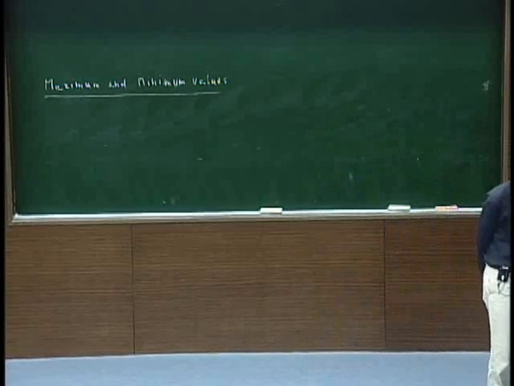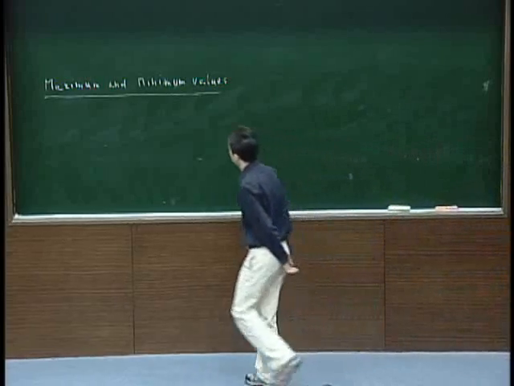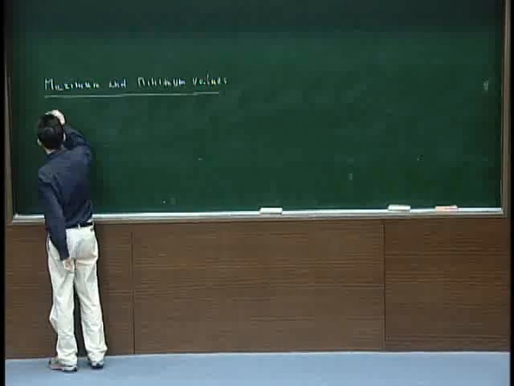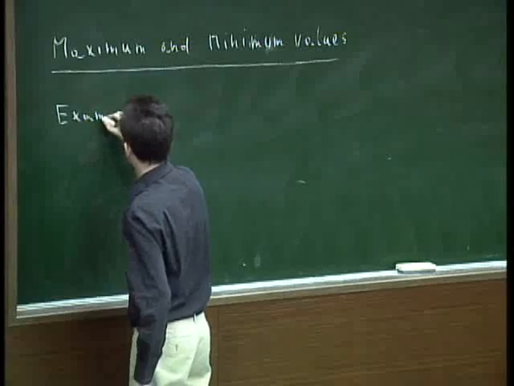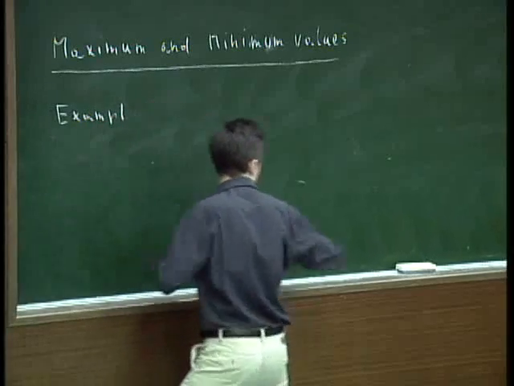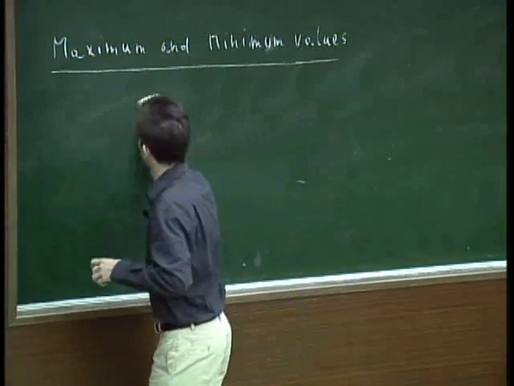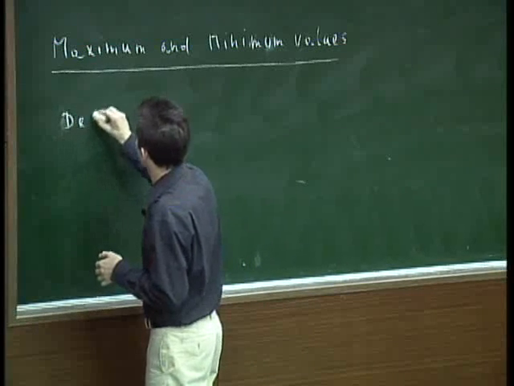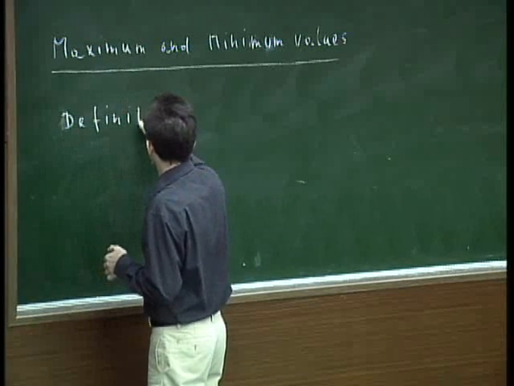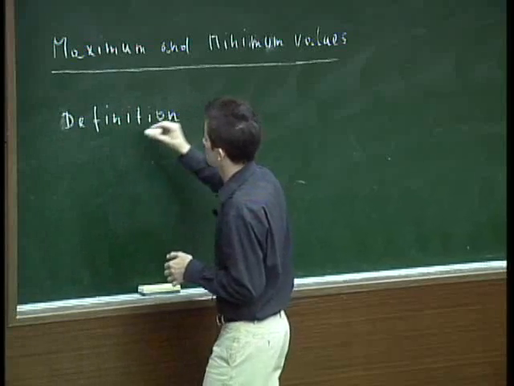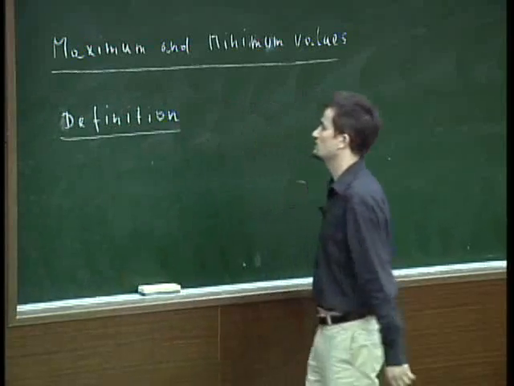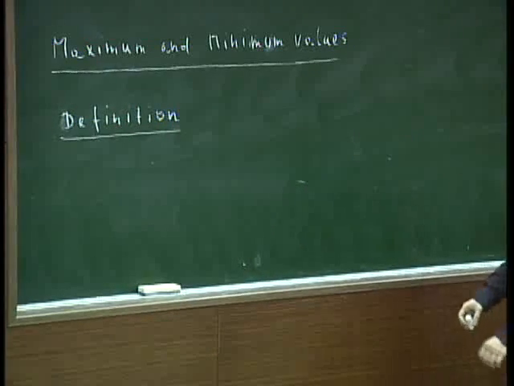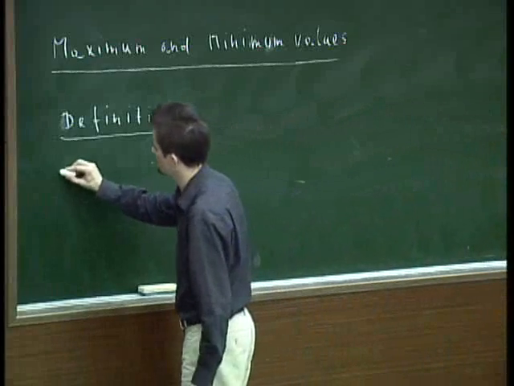Now, we first start with the definition. We have to differ between two kinds of maximum and minimum values, so-called absolute and local. So first, absolute.